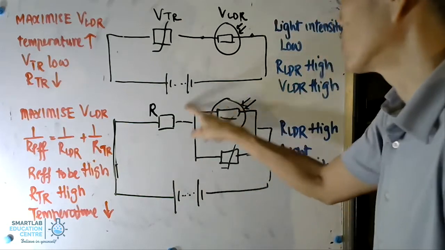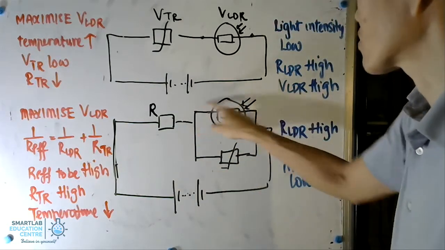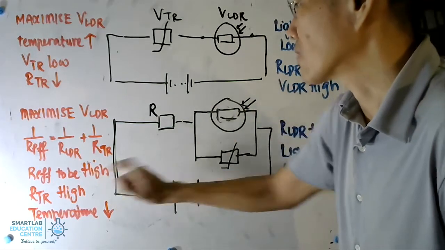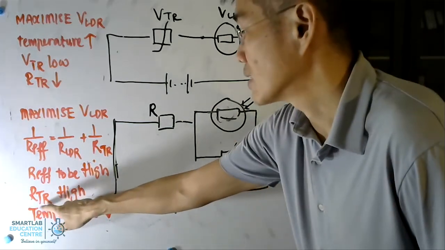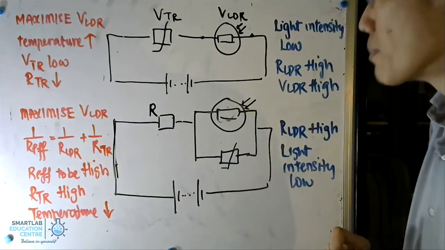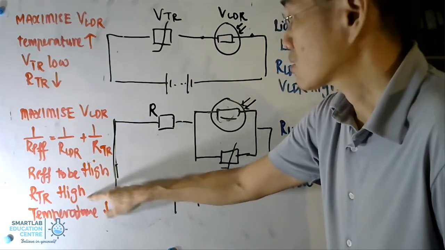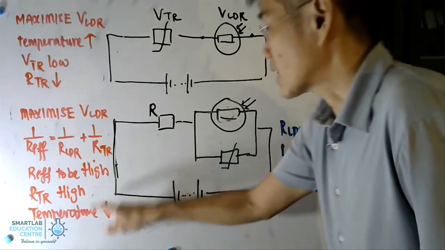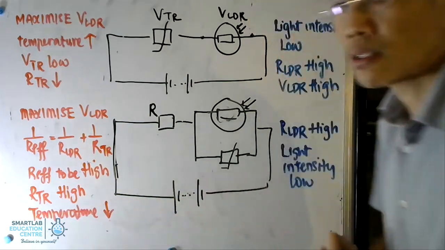If you want to maximize the potential difference across here, we want R effective to be high. In order for R effective to be high, we want the resistance of the thermistor to be high, so that 1 over R_TR is a small value. And in order for this to be high, the temperature will have to be low.